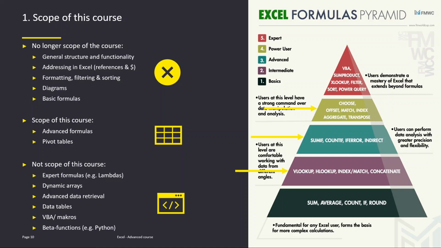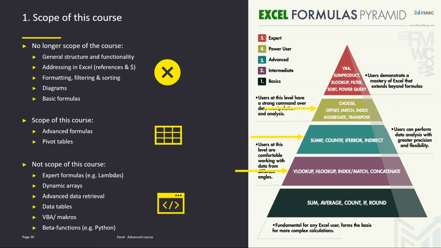Not in the scope of this course is everything we covered in the basic course, like the structure of Excel, addressing, formatting, diagrams, and the basic formulas. But in this course, we will do the advanced formulas and pivot tables. Not in the scope of this course, but possibly to follow, are the expert formulas, dynamic arrays, data retrieval, data tables, VBA, and so on.